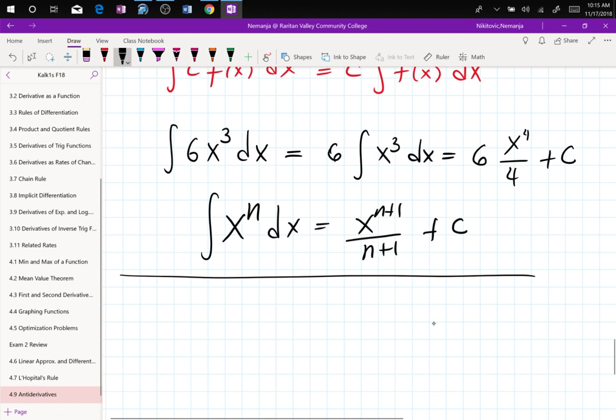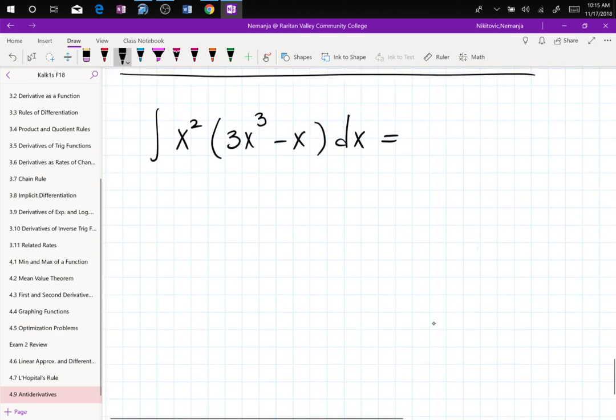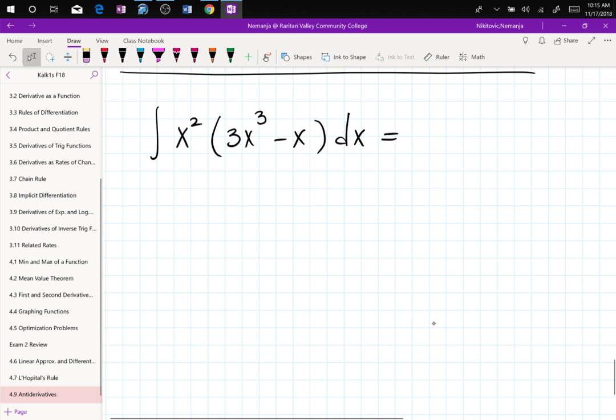For instance, I'll give a little bit simpler example. x squared times 3x cubed minus x dx. You really need to start this problem carefully because it has a very dangerous trap in it, and that's that x squared in front.